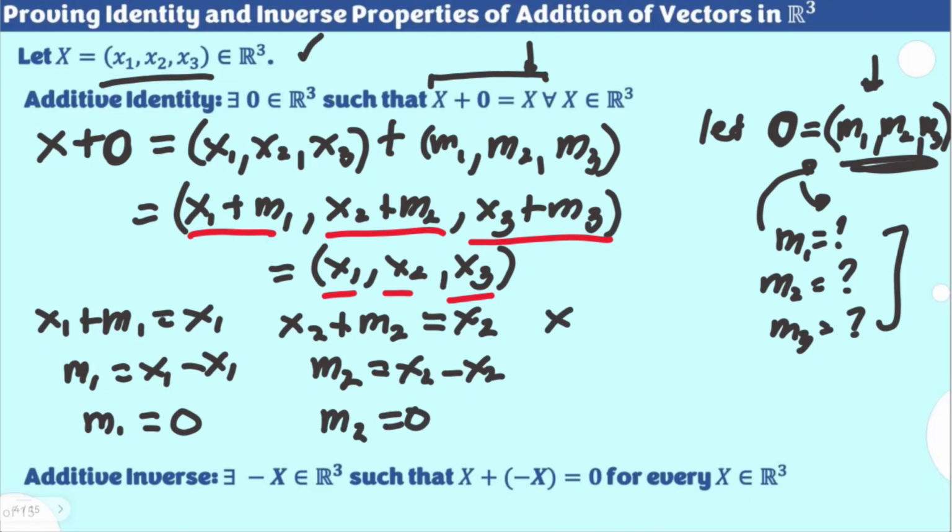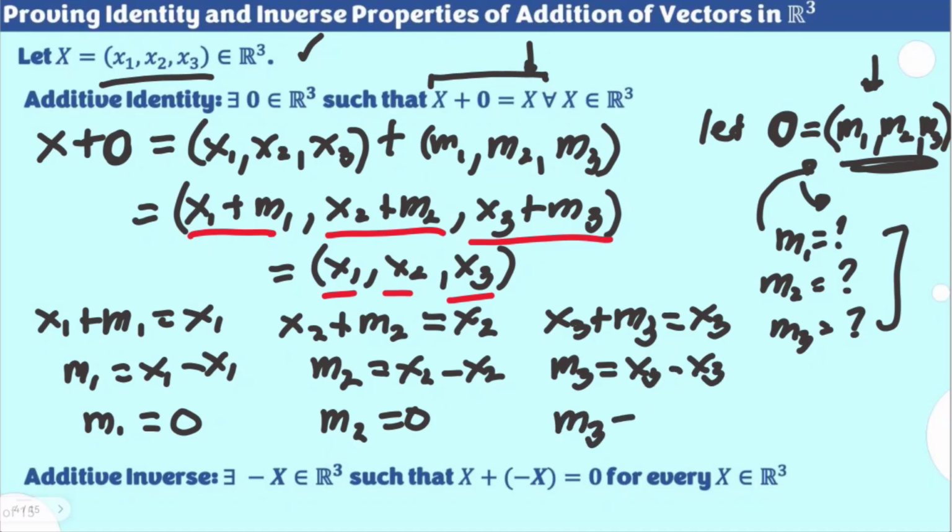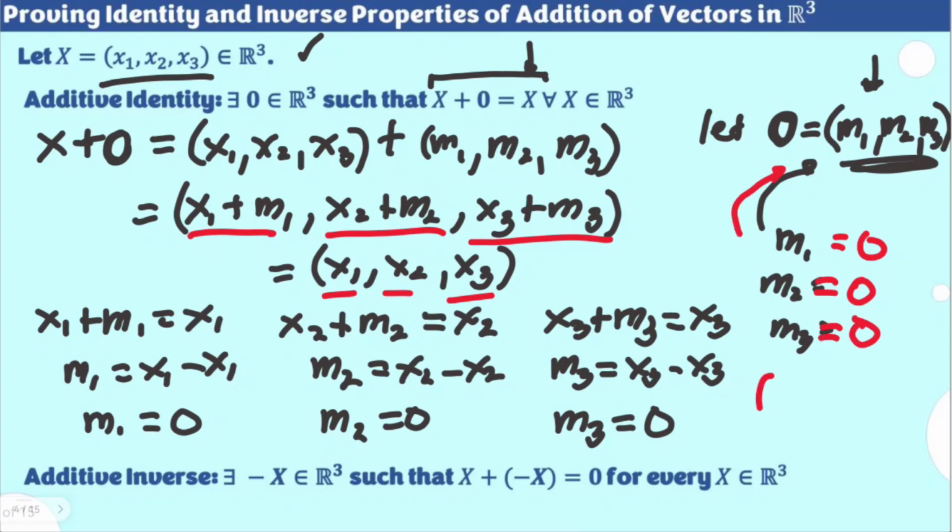And for the last one, x sub 3 plus m sub 3 must be equal to x sub 3 for the third component. So m sub 3 is x sub 3 minus x sub 3, subtracting x sub 3 from both sides. So m sub 3 is actually 0 as well. This time, we have shown that m sub 1 is 0, m sub 2 is 0, and m sub 3 is 0. That would mean our 0 vector is the vector with components 0, 0, and 0.